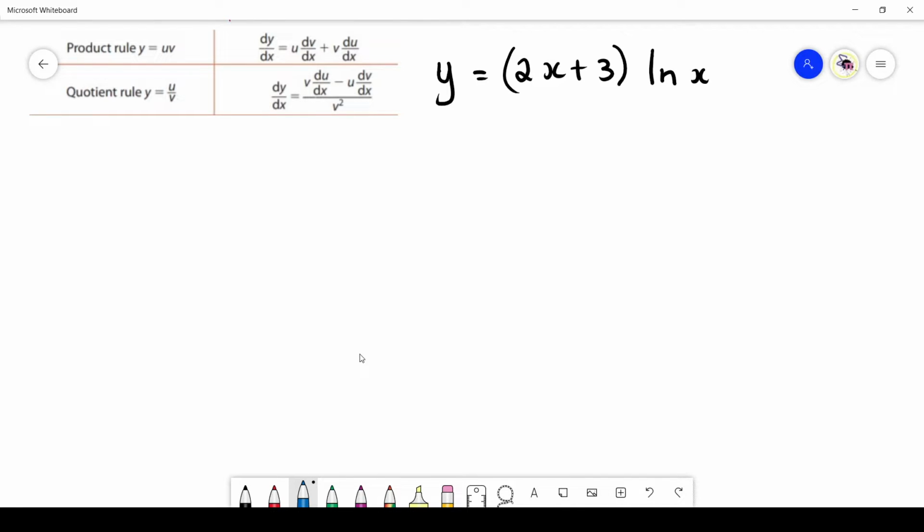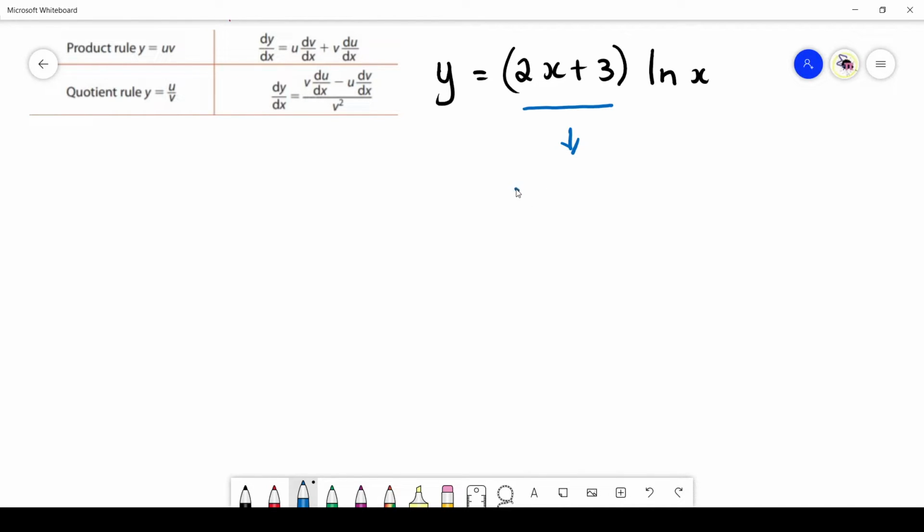So a frequent error that I always see a lot of students making when it comes to differentiating is that they tend to differentiate products of functions instead of using the product rule to differentiate. So for example, y is equal to 2x plus 3 is a function in and of its own.